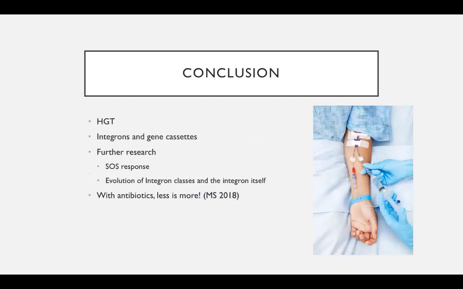Definitely research is still needed in this area, though, because if we're inducing this SOS response, it'd be really beneficial if we knew how to prevent it, right? Because then, hypothetically, these antibiotics that we're giving someone that's causing resistance, we could stop it from causing resistance as fast, or slow that down, so that our antibiotics work and are more effective for longer, right? That would be really key.